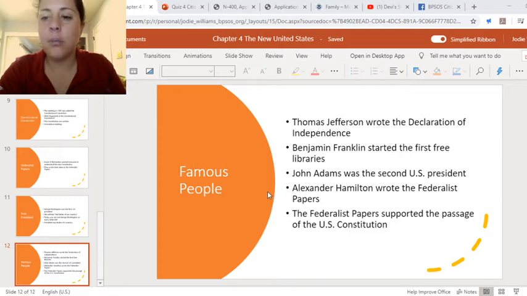John Adams was the second U.S. president. Alexander Hamilton wrote the Federalist Papers. The Federalist Papers supported the passage of the U.S. Constitution. These papers helped Americans understand the Constitution.